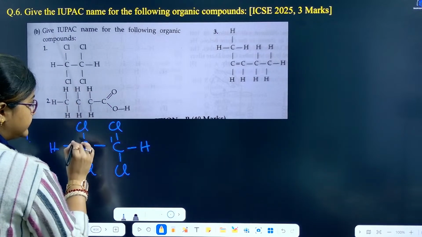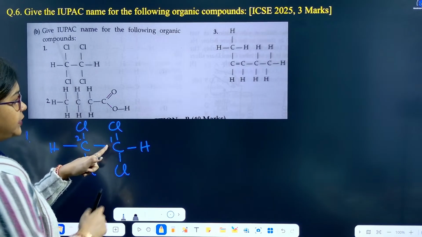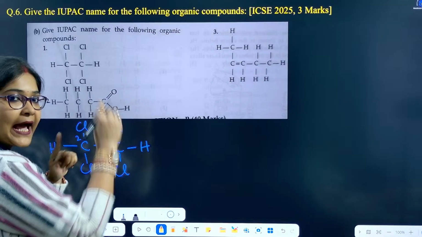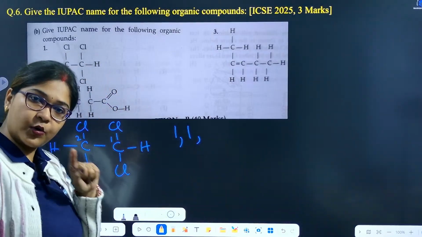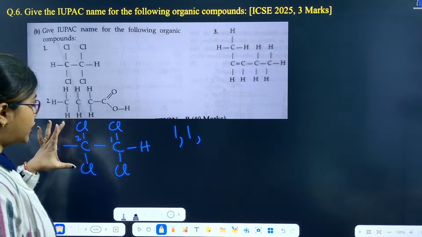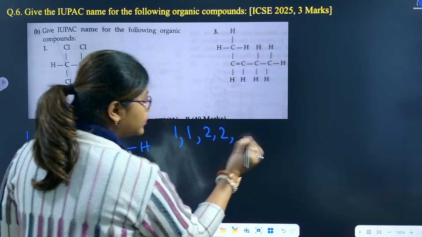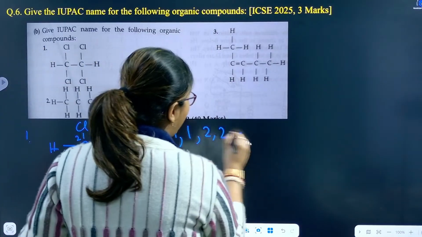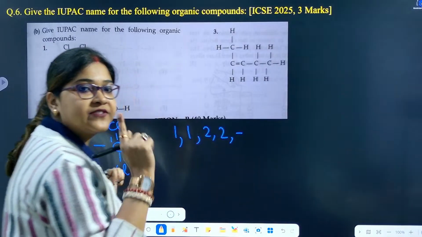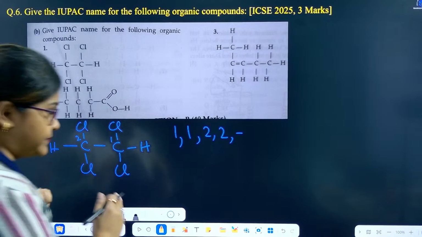This is 1, this is 2. Okay. So in one position, what you see, you have 2 chlorine atoms. So 1, 1. Okay. 2 position also you have 2 chlorine atoms. 2, 2. So how many chlorine I have? 4 chlorine. So 1, 1, 2, 2 gives me the position of the 4 chlorine atoms.